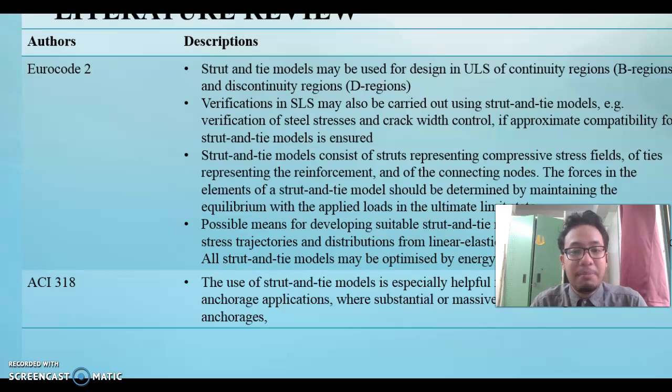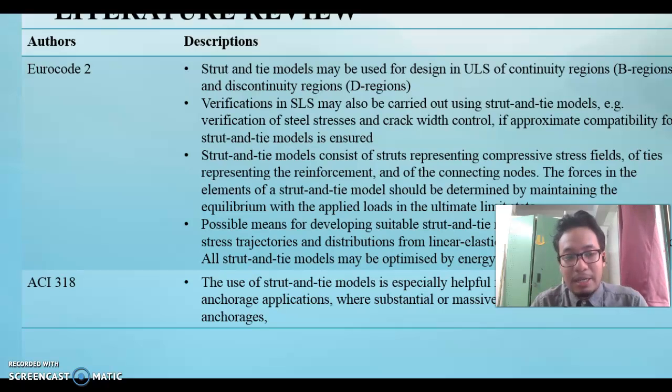Possible means for developing suitable strut and tie models include the adoption of stress trajectories and distribution from linear elastic theory or the load path method. All strut and tie models may be optimized by energy criteria.